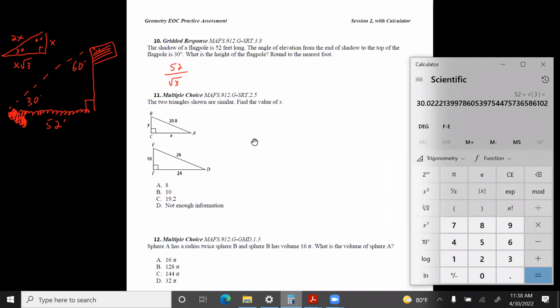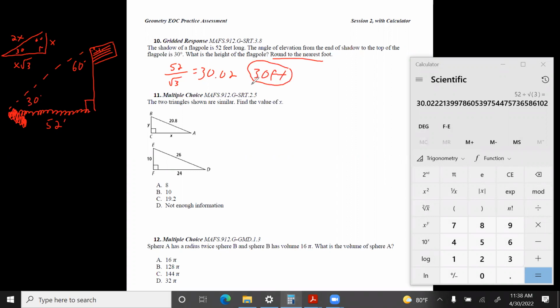So I get my final answer of 30.02. It said round to the nearest foot, so that's 30 feet. Now, if you don't know your special right triangle well, one thing that you can do is you can use your trig ratios as well.